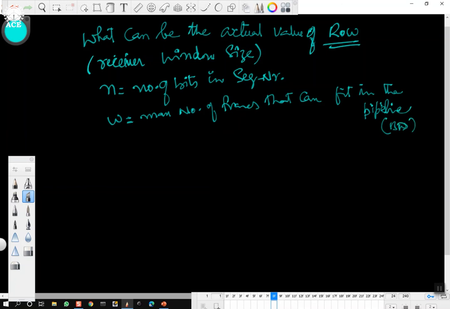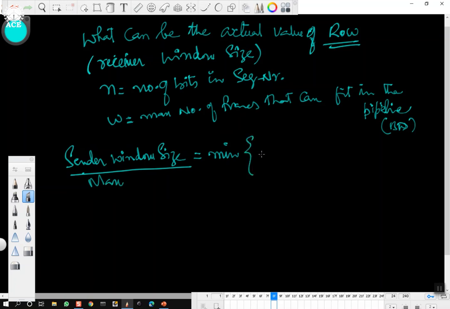The maximum sender window size is always equal to the minimum of 2 power n or W.